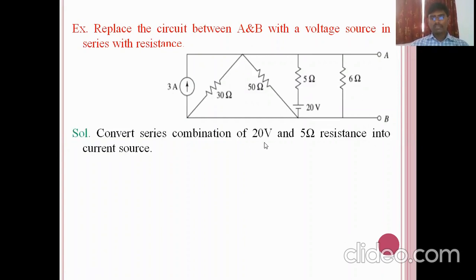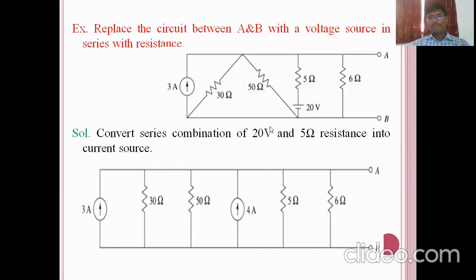Convert the series combination of 20 volt and 5 ohm resistance into a current source. Since 20 volts and 5 ohm are in series, they should be converted into a current source in parallel with a resistance.